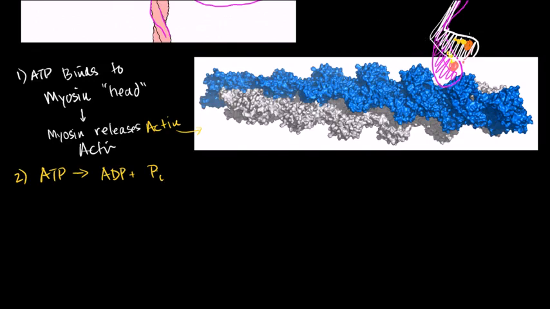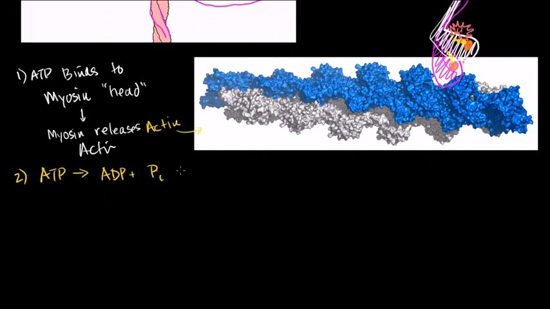So step 2, this thing gets hydrolyzed, it releases energy. We know that ATP is the energy currency of biological systems. So let me draw it. It releases energy. I'm drawing it as a little spark or explosion, but you can really imagine it as changing the conformation of, it spring loads this protein right here so it's ready to crawl along the actin.